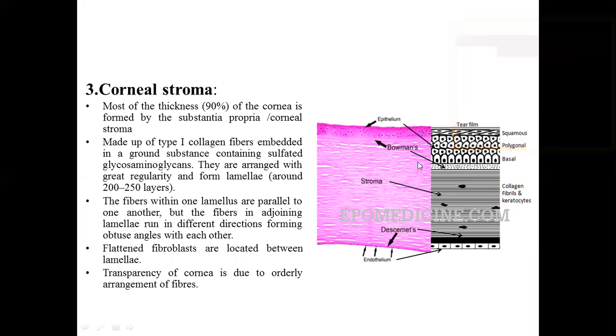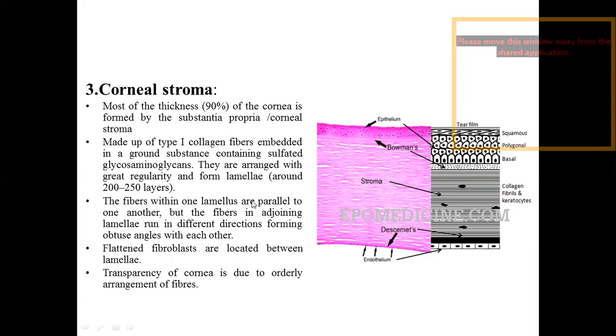They are arranged regularly and form lamellar sheets. The fibers within one lamella are parallel to one another, but the fibers in adjoining laminae run in a different direction. Some fibroblasts are also located within this stroma. The cornea is transparent because of the presence of these fibers.